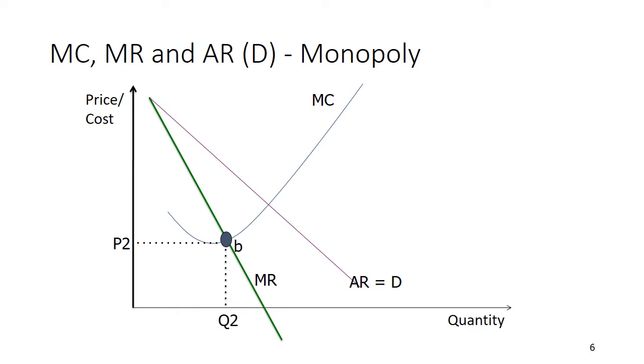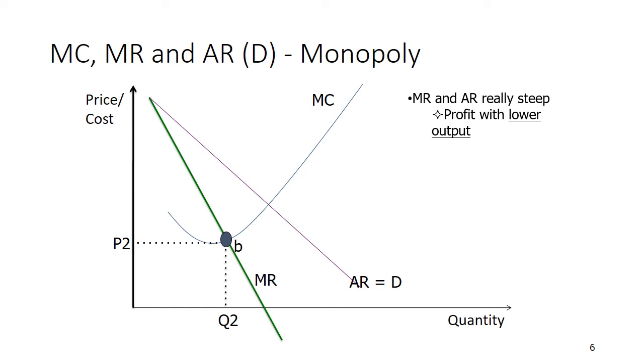And if you draw this line straight up to the demand curve, there you can find the price they charge. So here you can see these features looking at this graph.